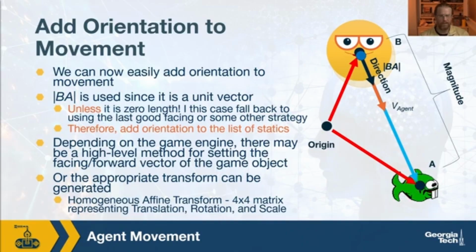Otherwise, you might need to do this yourself. So you might have your standard 3D game. You're going to have these 4x4 matrices that represent your transforms for each game object. So this will be a homogeneous affine transform. The homogeneous representation is used because it's important for the projection process, putting the 3D information onto the 2D screen.